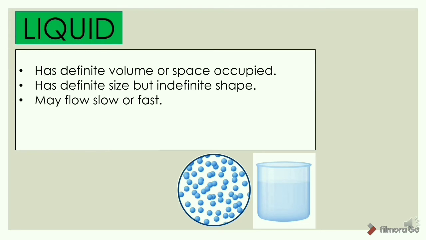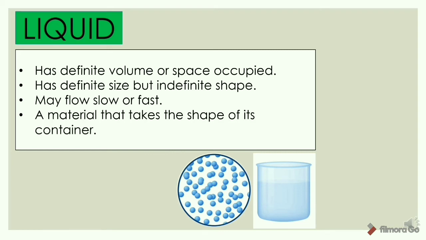Next is, a liquid may flow slow or fast. Kumpara sa solid, ang liquid ay dumadaloy depende sa labnaw o lapot nito. Lastly, a liquid is a material that takes the shape of its container. The reason why liquids can flow and has indefinite shape is the behavior of its particles. As you can see, its particles have small spaces away from one another.